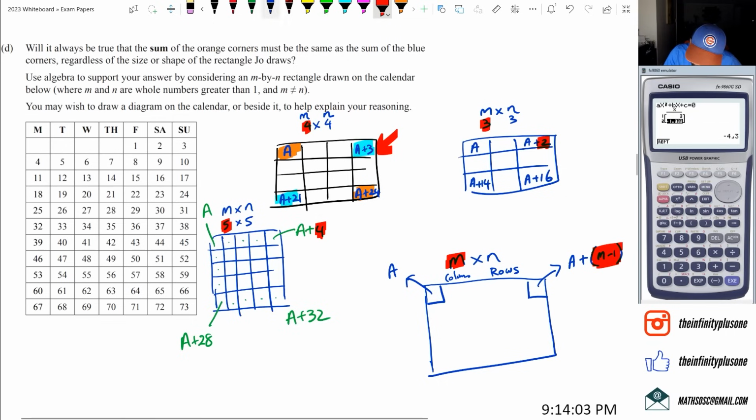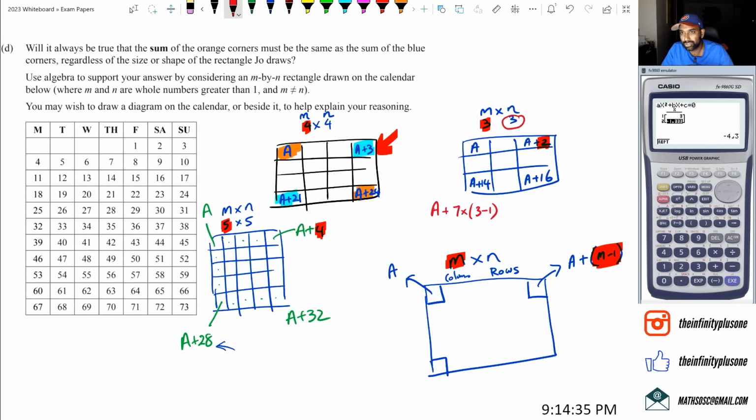Now if you look at the bottom blue corner, it's increasing by 7 lots of n, but again it's reducing by 1, right? So look at this here. I'm going to have to do this in a different color. When n is 3, we're doing A plus 7 times 3 minus 1, because it's always 1 extra.